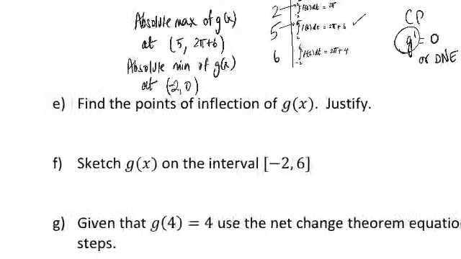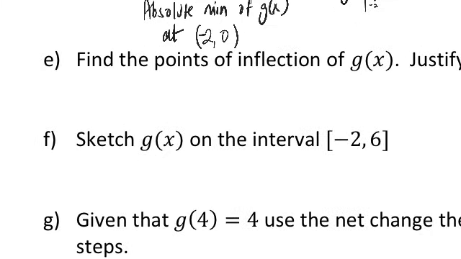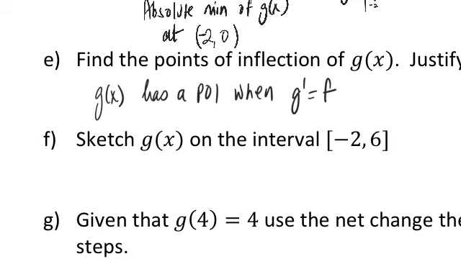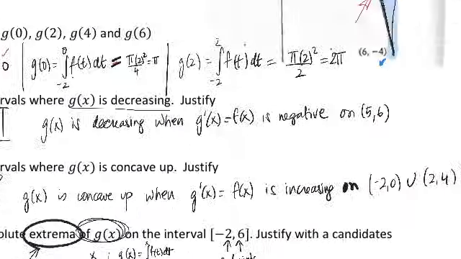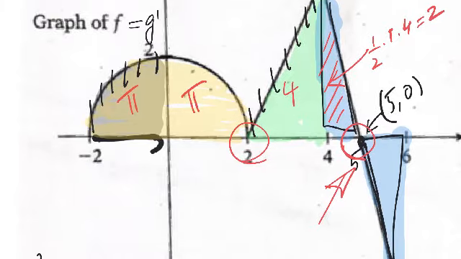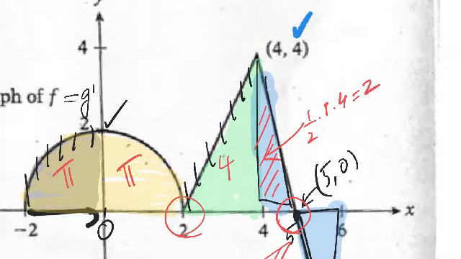Okay, find the points of inflection of G. So G of X has a POI when G prime, which is equal to F, changes from increasing to decreasing. That happens here at X is equal to 0, and it happens here at X is equal to 4.